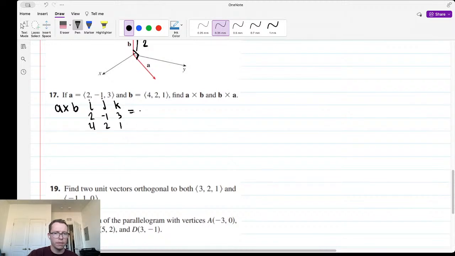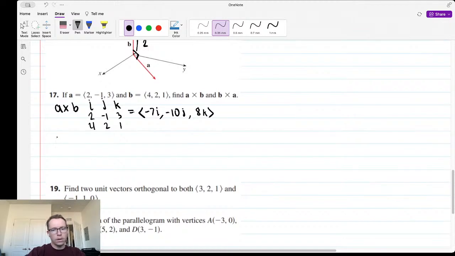So then we have a vector of negative 1 minus 6, so negative 7 I, and then comma J would be 2 minus 12, so that's negative 10 J, comma, 4 minus negative 4 is 8, and then K.